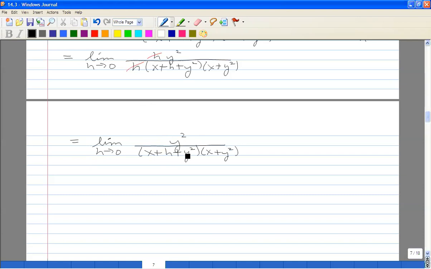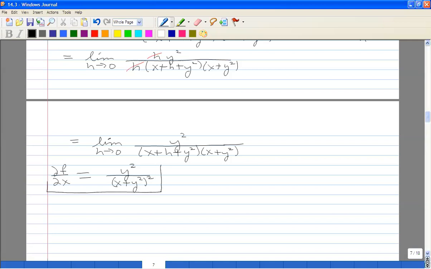So this term here just goes to x plus y squared. And so this is just equal to y squared over x plus y squared, squared. And that's the partial of f with respect to x.